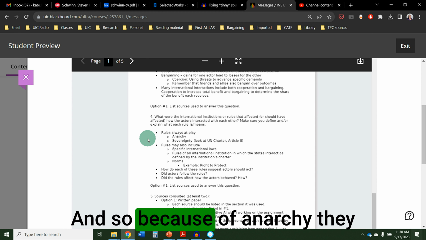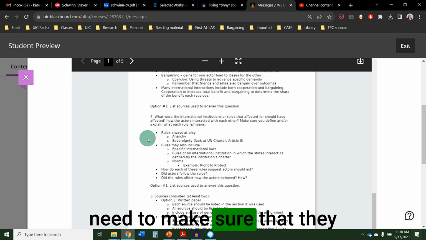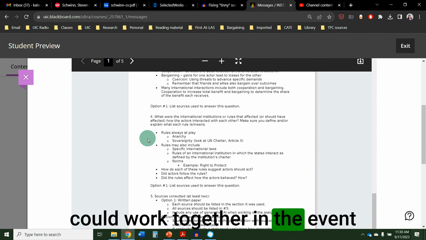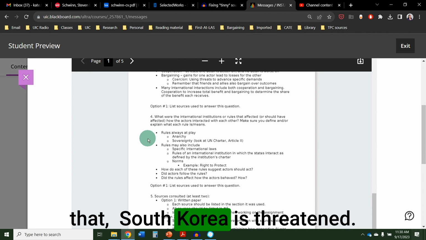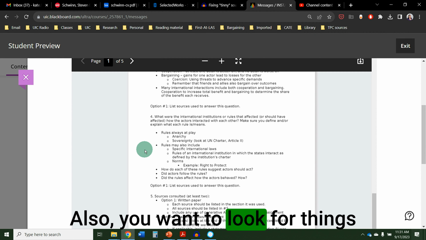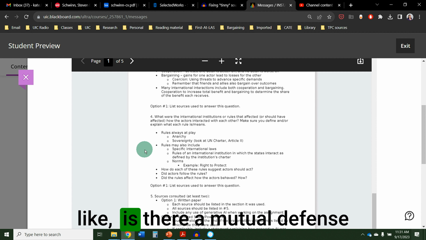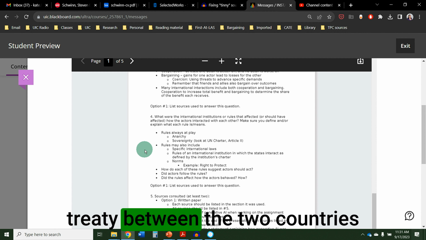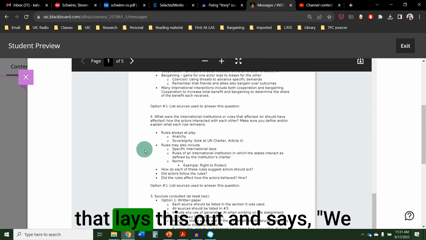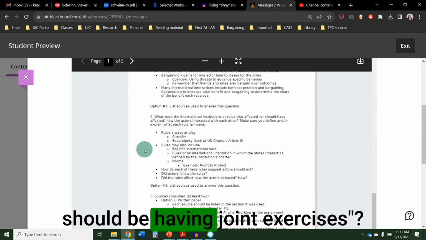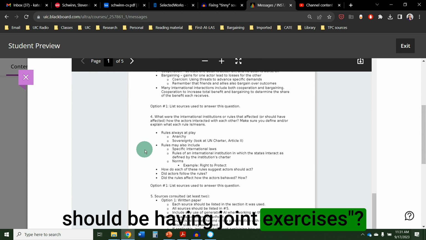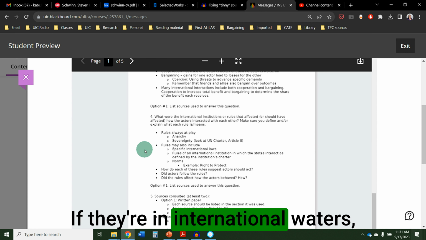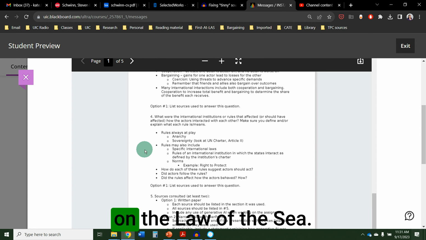Because of anarchy, they need to make sure that they could work together in the event that South Korea is threatened. Also, you want to look for things like, is there a mutual defense treaty between the two countries that lays this out and says we should be having joint exercises? If they're in international waters, there's the UN Convention on the Law of the Sea.